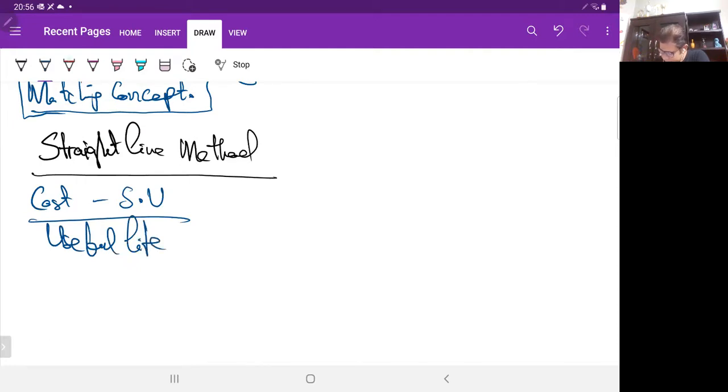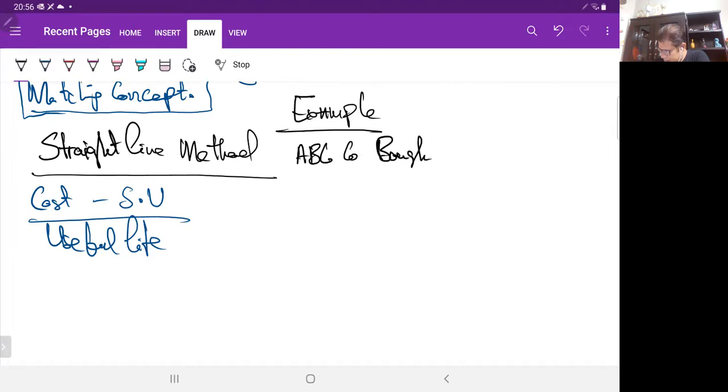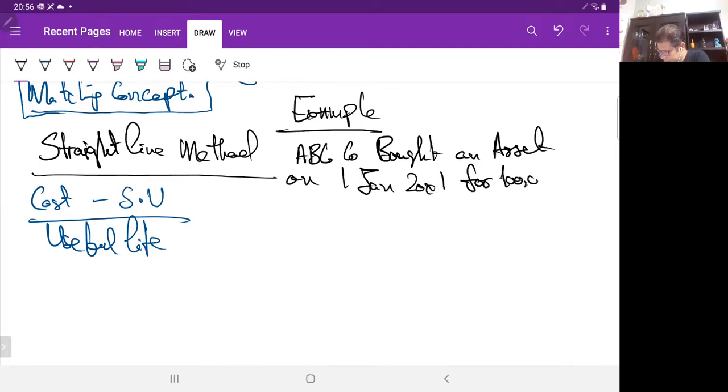For example, ABC company bought an asset on 1st January 2000 X1 for 100,000.